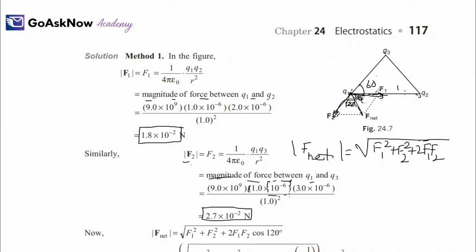Join tail to tail and see the angle between them. This is 120 degrees, so cos 120 degrees. Just calculate this value and you will get the final answer. I will show you the final answer: if you do the calculation, it comes out to be 2.38 into 10 to the power minus 2 newtons.